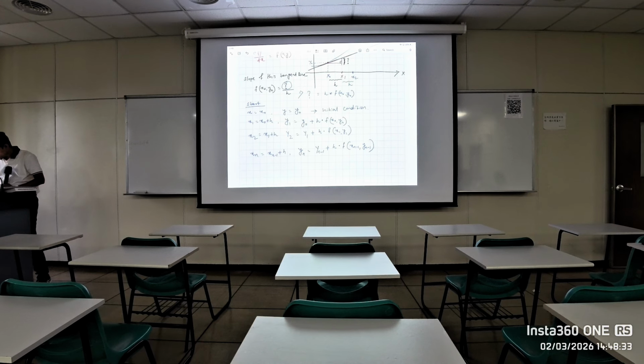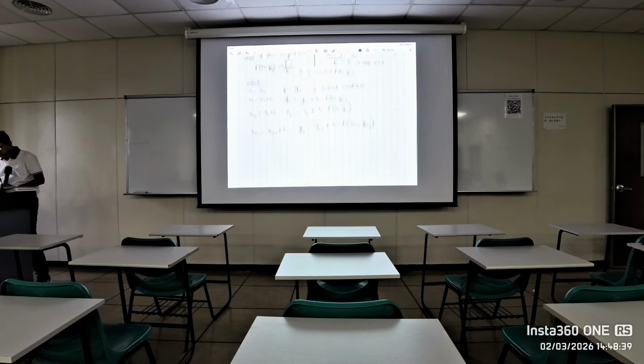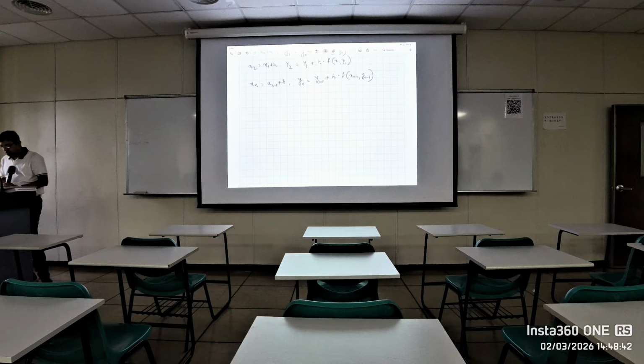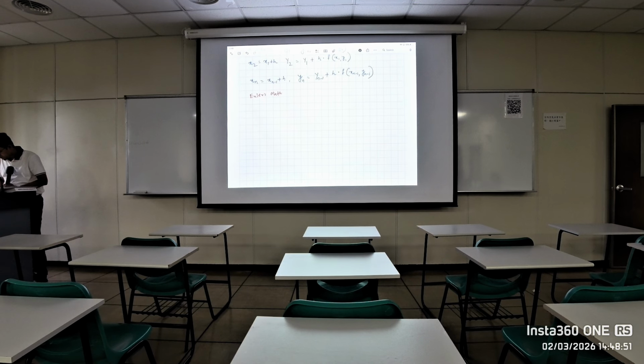This h we call the step size. Okay. So in general, how do we write Euler's method? dy by dx is equal to f of x, y, y of x0 is equal to y0, and step size is equal to h.